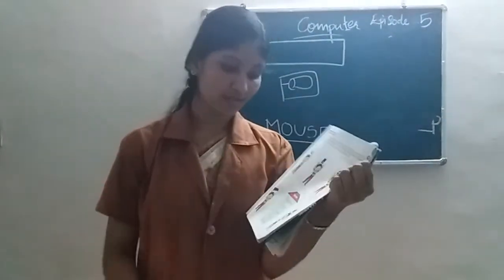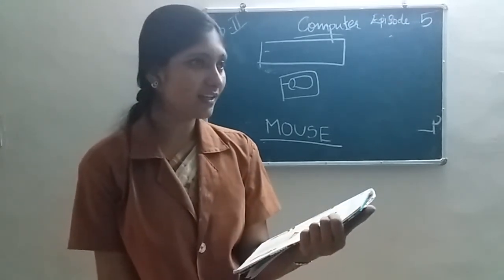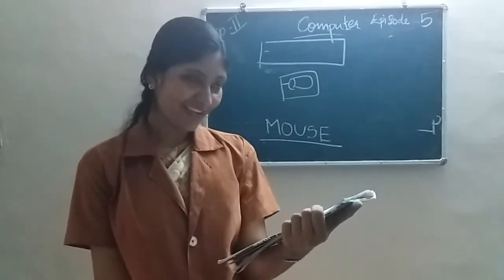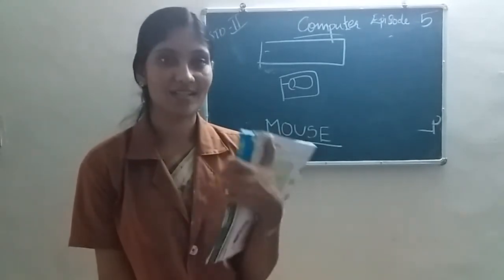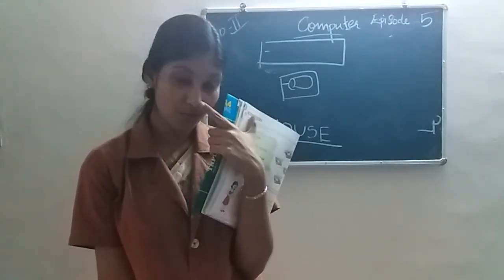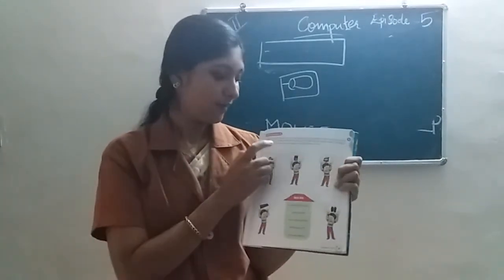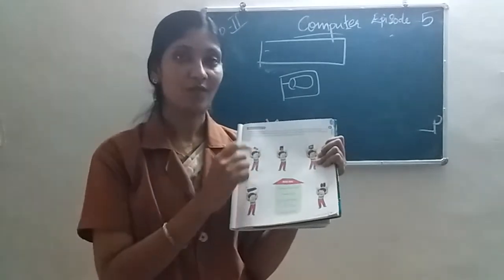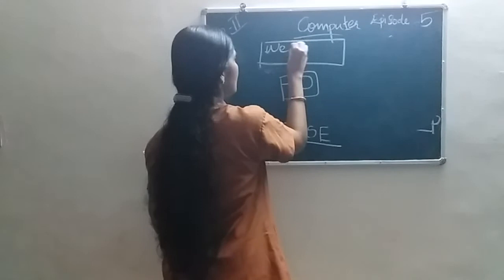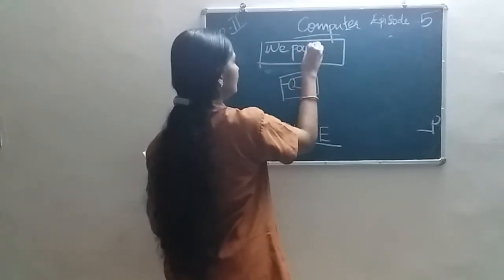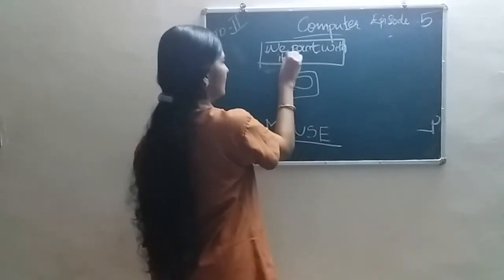So in the help box, what are the statements here? It shows the result, it gives out, it does calculation, we type with it, we point with it. So what is the use of a mouse? Mouse is used to point at an object. So we can write, we point with it.